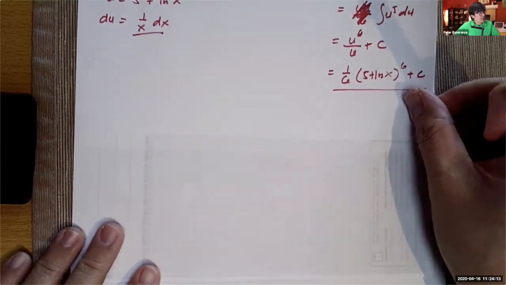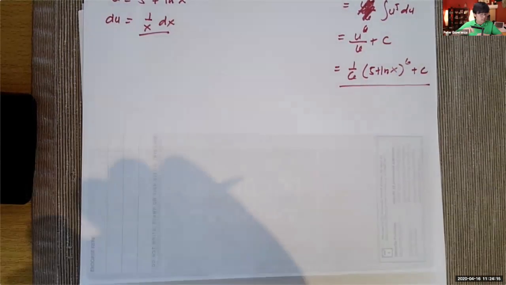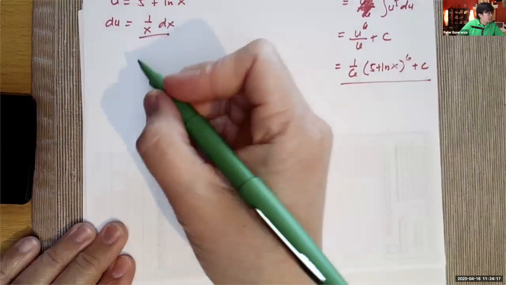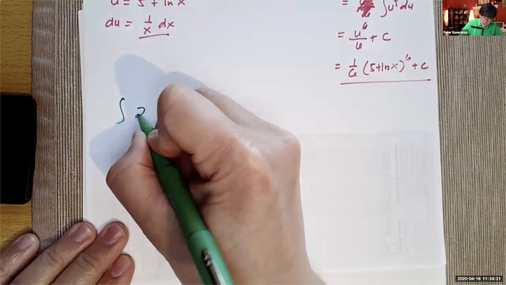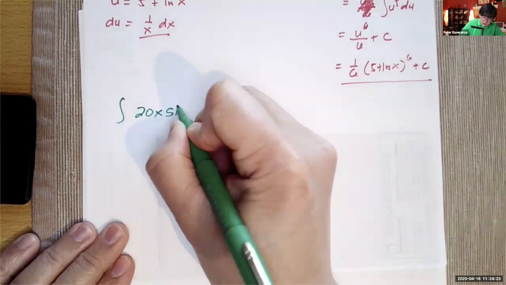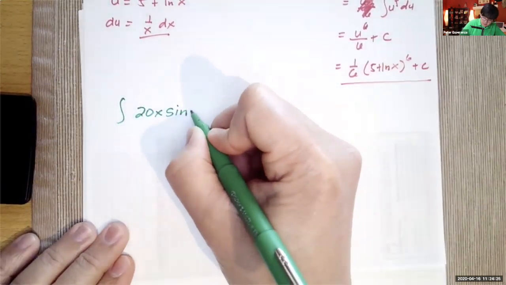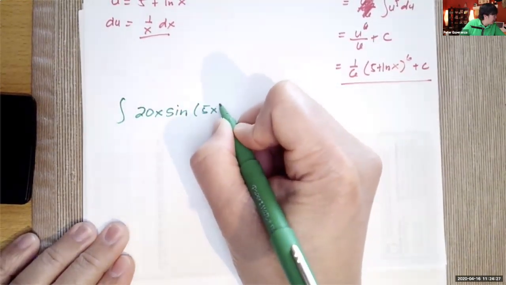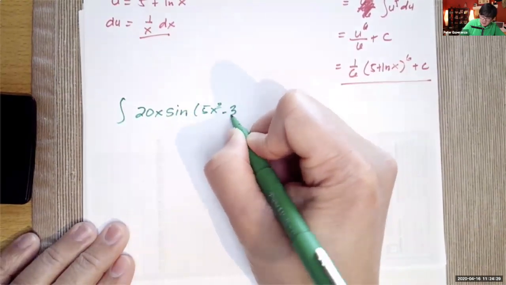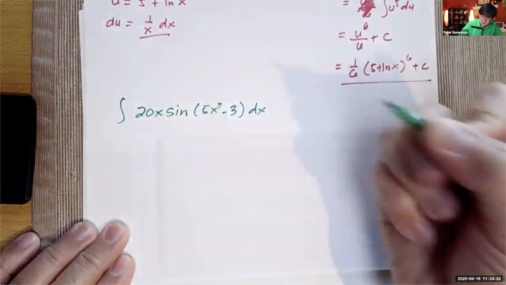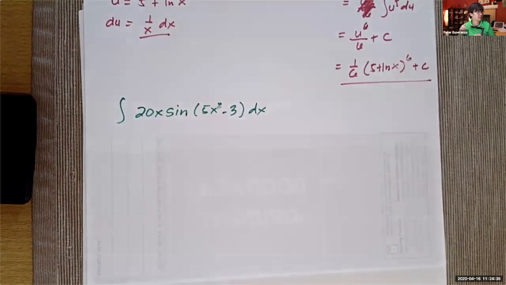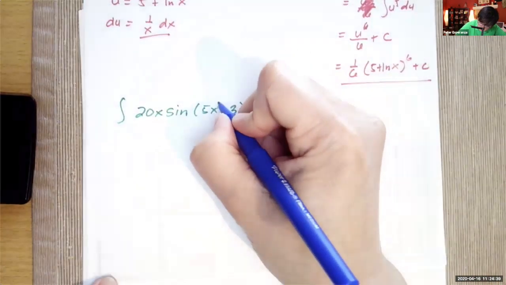Let's make it more fun by throwing in some trig functions. The integral of 20x sine of 5x squared minus 3 dx. Okay.